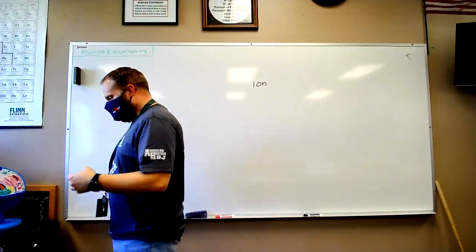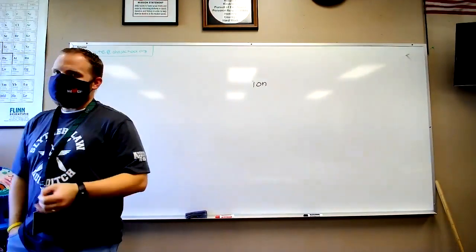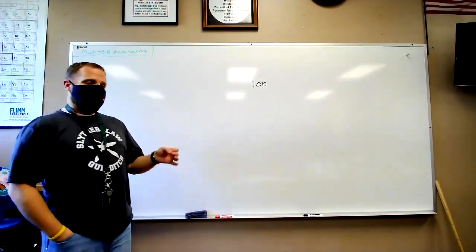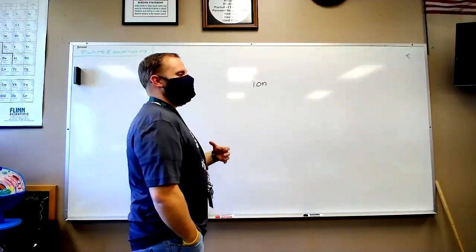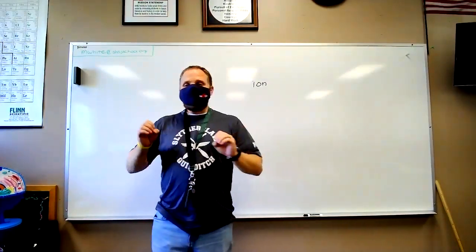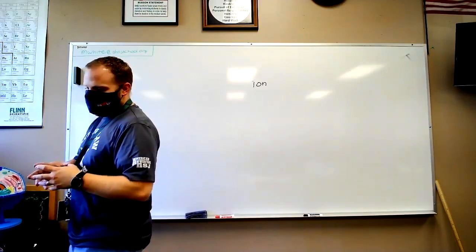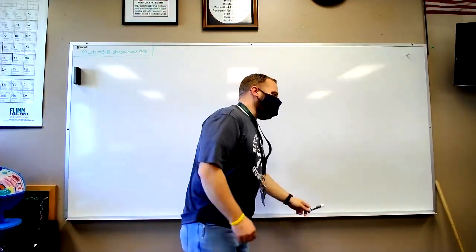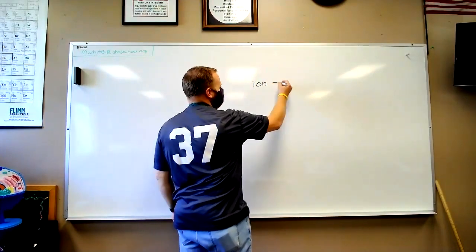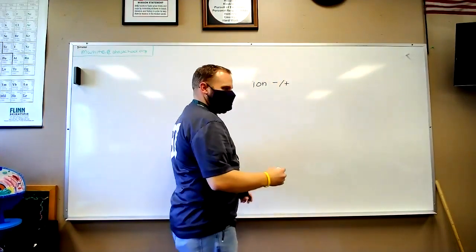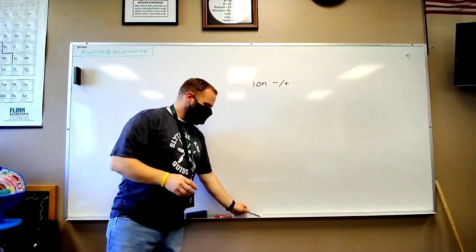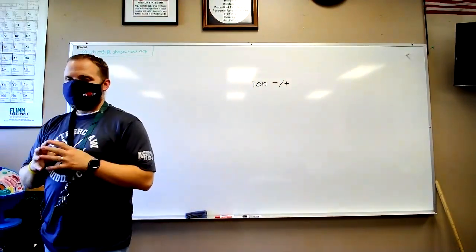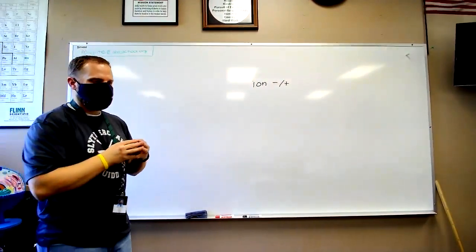But that doesn't have to be the case. We can have a different number of protons and electrons. When that happens, it's called an ion. You can tell that you have an ion because it either has a negative or a positive charge, because you have unequal numbers of protons and electrons.